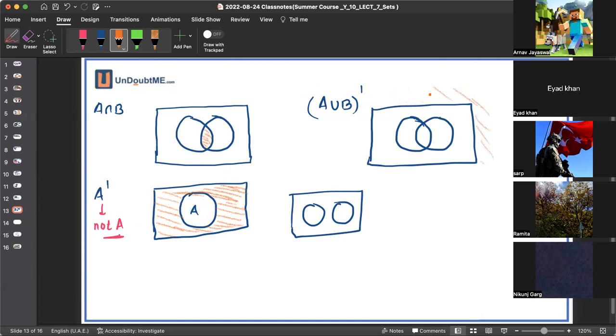Got it. So everything except these two circles will be shaded, and that will be the representation of A union B complement. A union B complement means you need to take everything which is not in A union B. This should be in your mind whenever you're dealing with such questions.